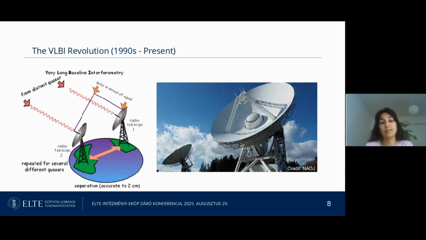VLBI synchronizes this signal using extremely precise atomic clocks, and then the data from both telescopes are combined, and it can mimic a big telescope with a very wide baseline. The longer the baseline, the better the resolution. And these two different sides of the Earth can be the longest baseline we can reach.